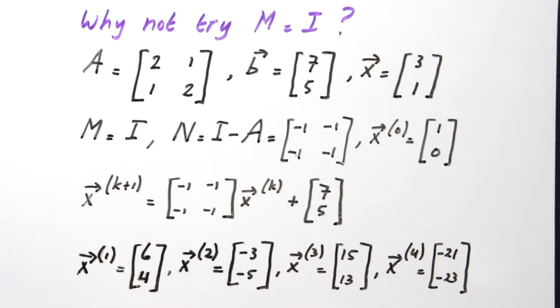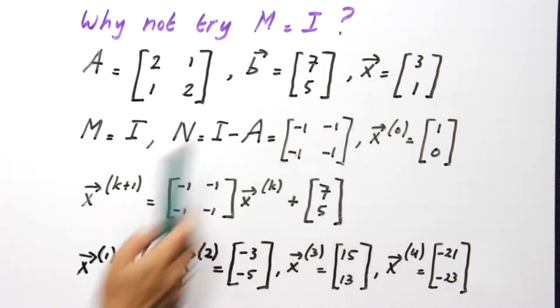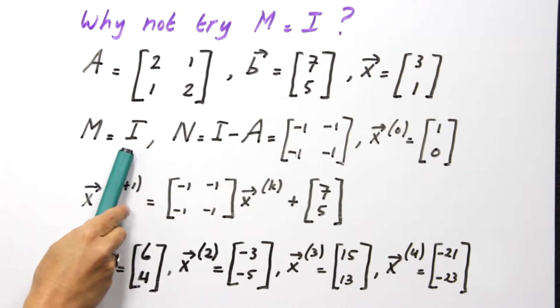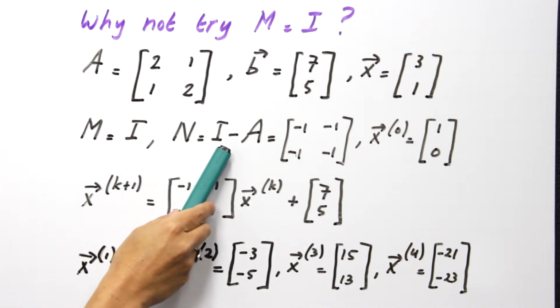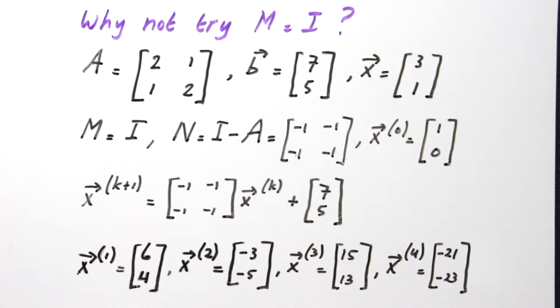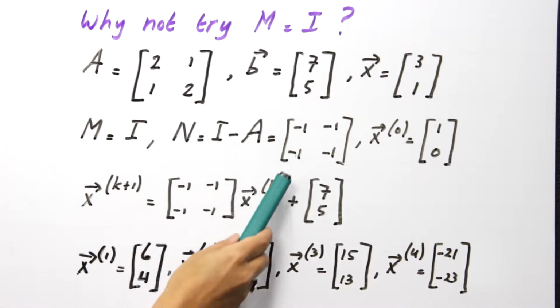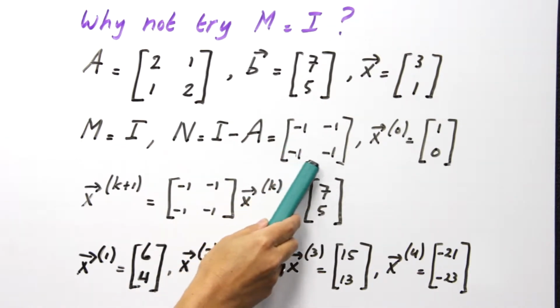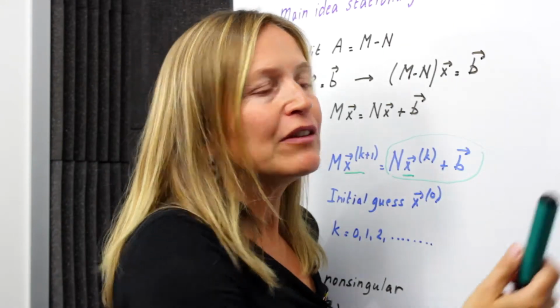And so we're trying to use this iteration with M equal to the identity to find a good approximation to this x. So here M is equal to the identity, N then of course is the identity minus A, because M minus N is equal to A. And that will be this little matrix, minus 1, minus 1, minus 1, minus 1. And we need to choose an initial guess, x0.